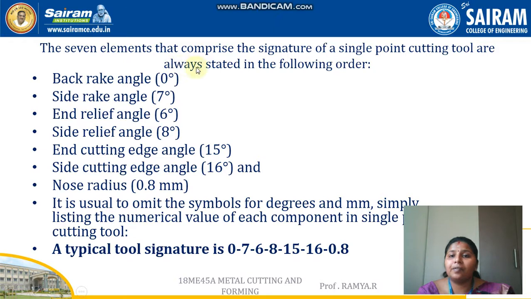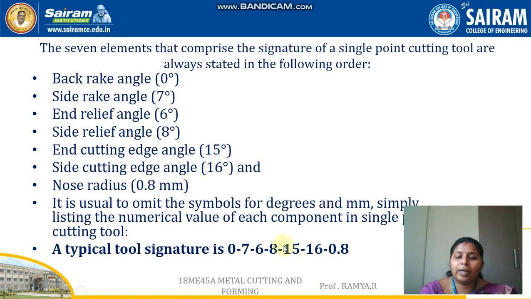There are 7 elements that make up tool geometry. The tool is designated based on the American standard method, and it comes in this order only. The tool geometry should be designated in this order only. It starts with back rake angle, side rake angle, end relief angle, side relief angle, end cutting edge angle, side cutting edge angle and nose radius.